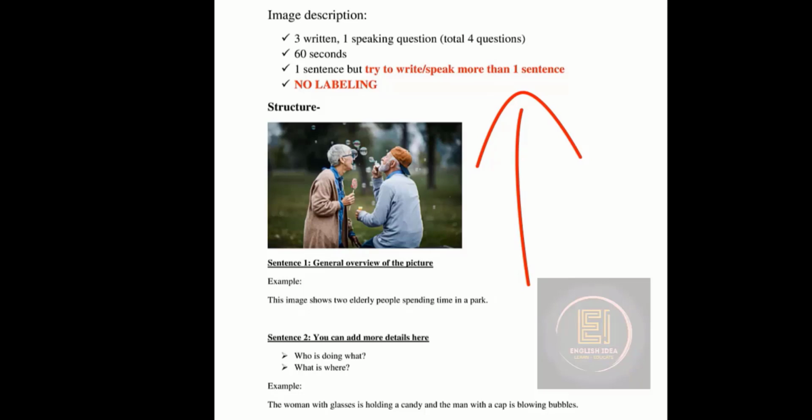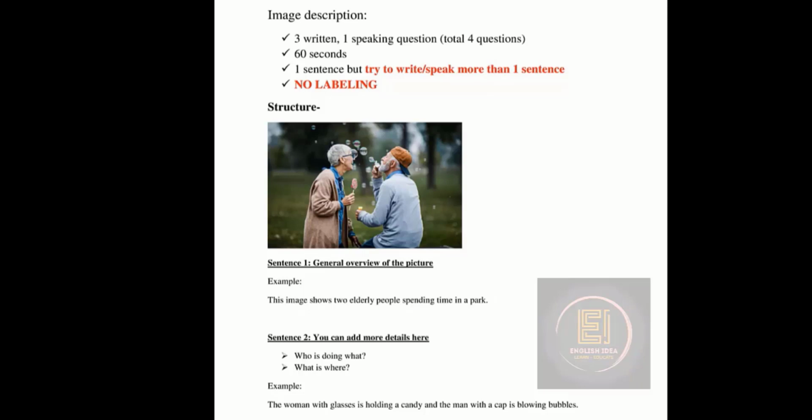You will get 60 seconds for describing an image through writing and you will get 90 seconds for the image to be described through speaking. Remember, during the speaking part, you have to speak for at least 30 seconds. The minimum requirement is to write or speak at least 1 sentence.